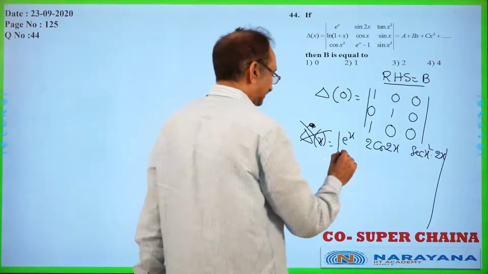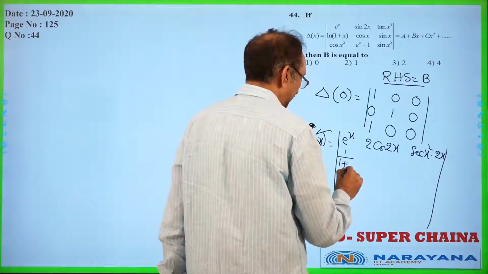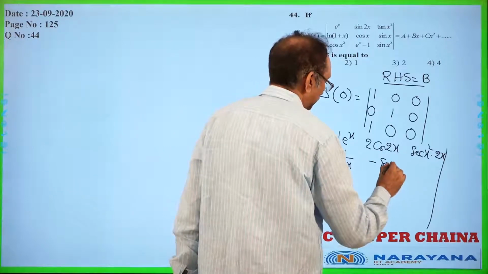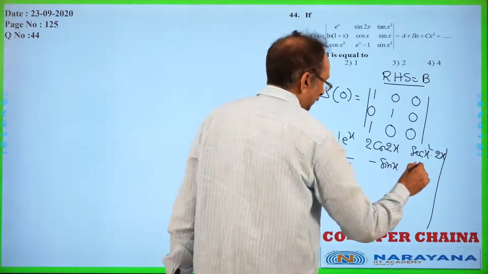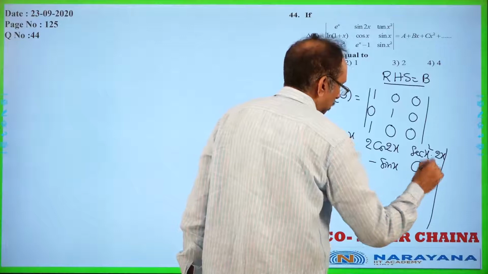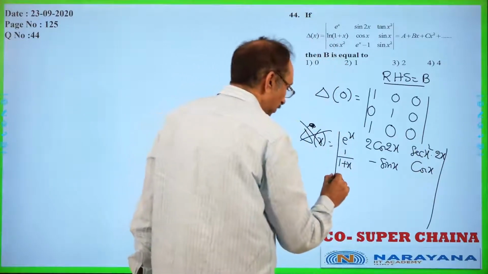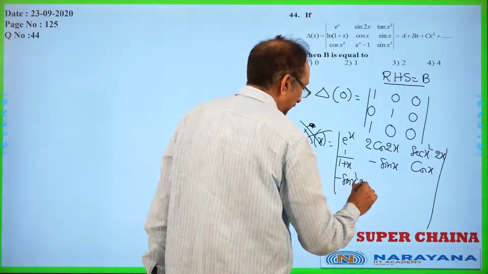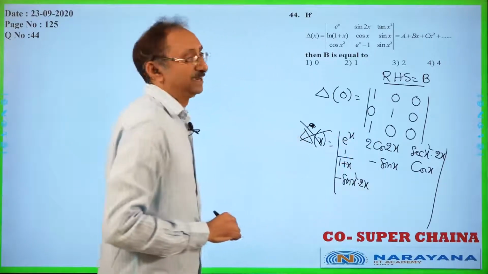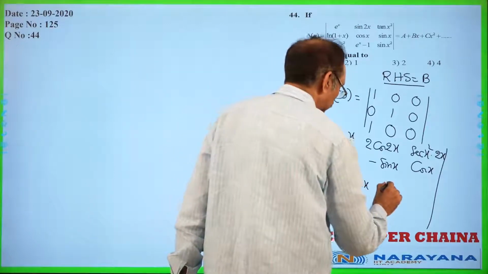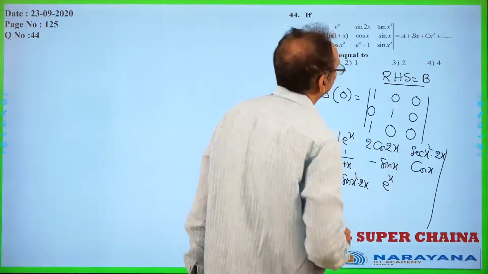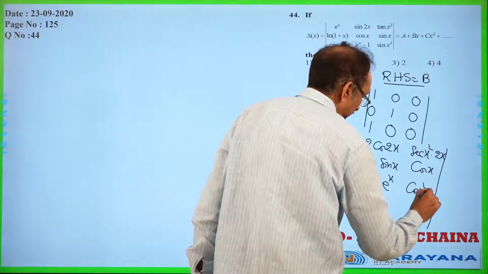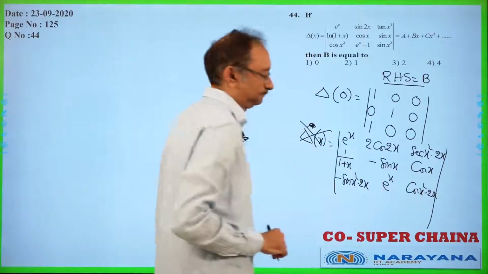Log of 1 plus x: 1 by 1 plus x. Derivative of cos x: minus sin x. Derivative of sin x: cos x. Derivative of cos x square: minus sin x square into 2x. And derivative of e power x minus 1, that is e power x. And derivative of sin x square means cos x square into 2x.